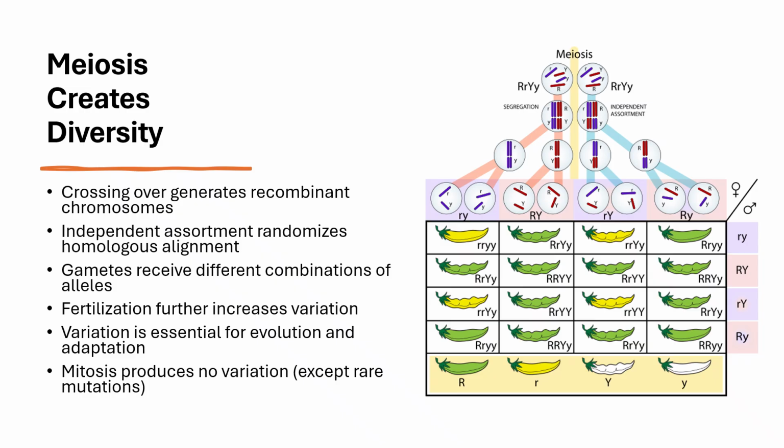Once fertilization occurs, yet another source of variation is introduced. Which two gametes combine is entirely random. Mitosis cannot compete in this department, as it produces genetically identical cells unless a mutation sneaks in.